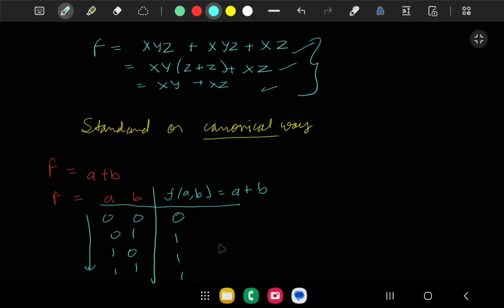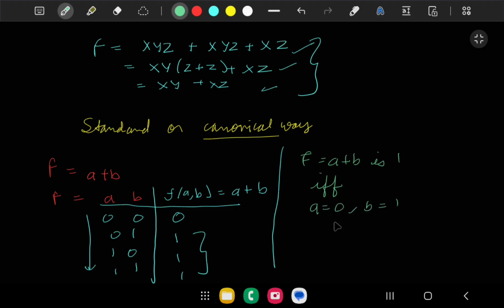The same expression you can also write like this in these three situations, right? So you can say that this function a plus b is 1 if and only if a equals to 0 or b equals to 1, or a equals to 1, b equals to 0, or a equals to 1, b equals to 1.